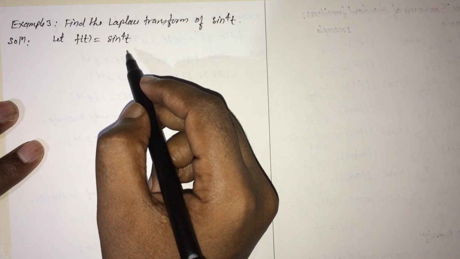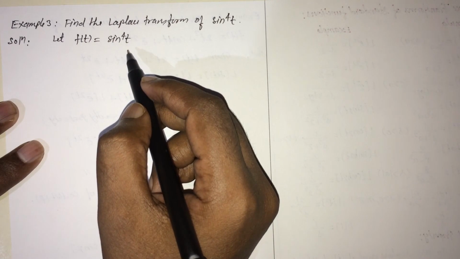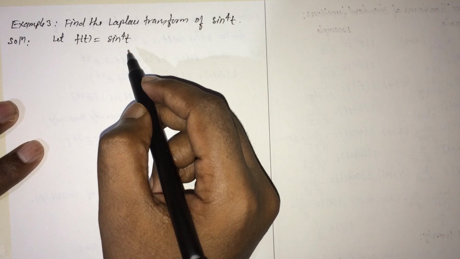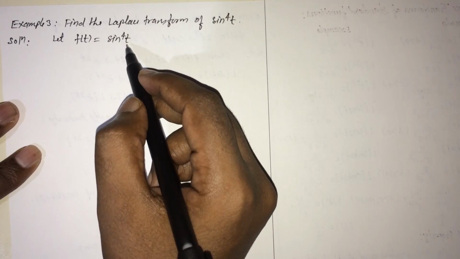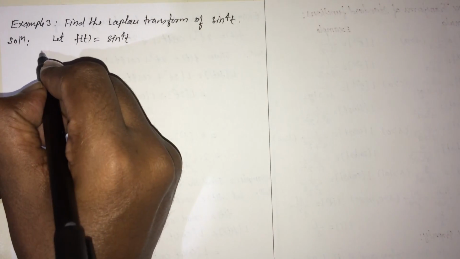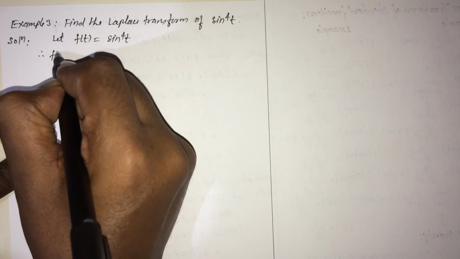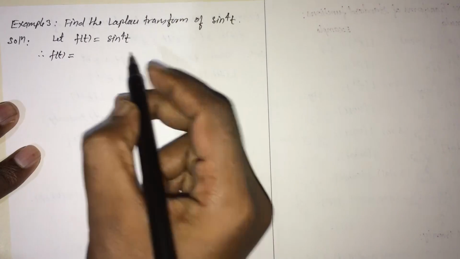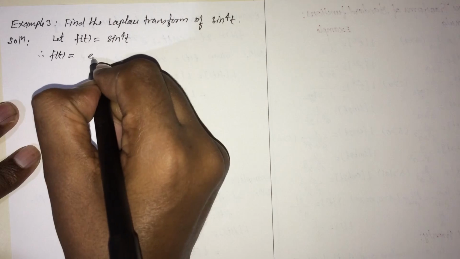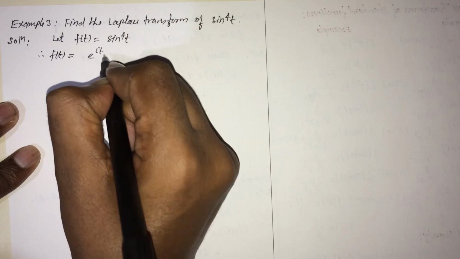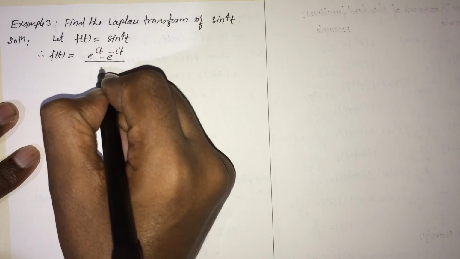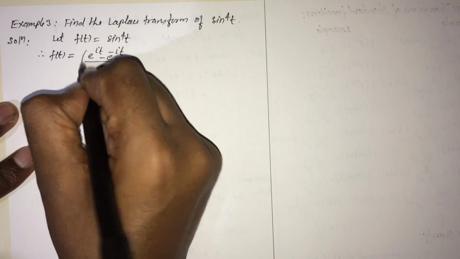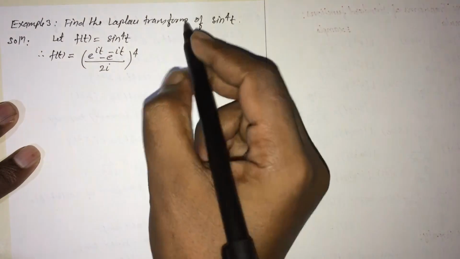Since we know that sin t equals e raised to it minus e raised to minus it by 2i. So we put this here instead of sin t. So f of t equals e raised to it minus e raised to minus it divided by 2i, to the power 4.